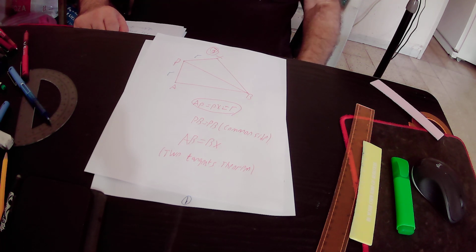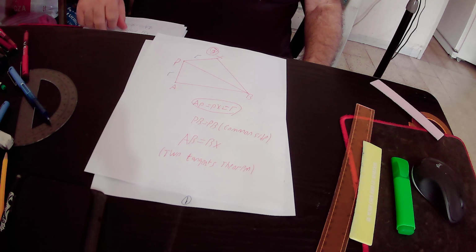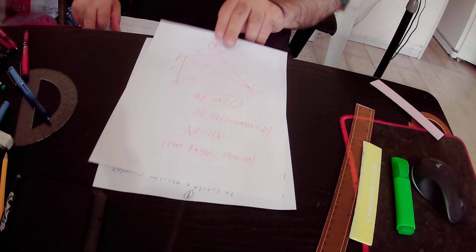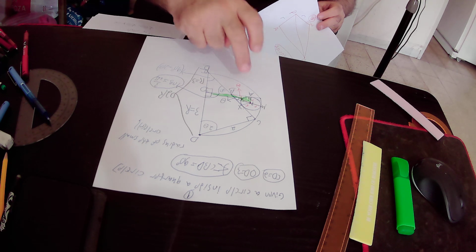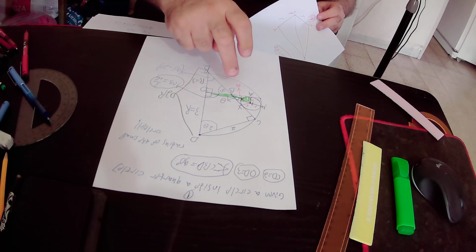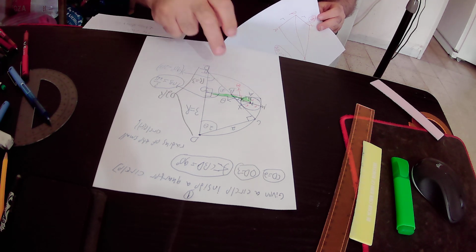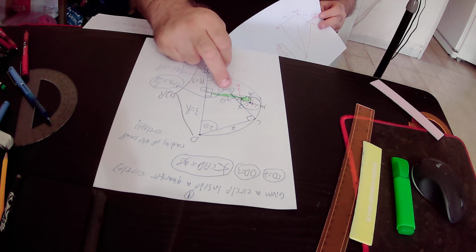Two tangents theorem states that the lengths of two tangents from a common external point to a circle are equal. So actually we have two tangents to the small circle, tangent AB and tangent BX. Both those two tangents exit from a common point, that is point B. Therefore those two tangents are equal to each other.